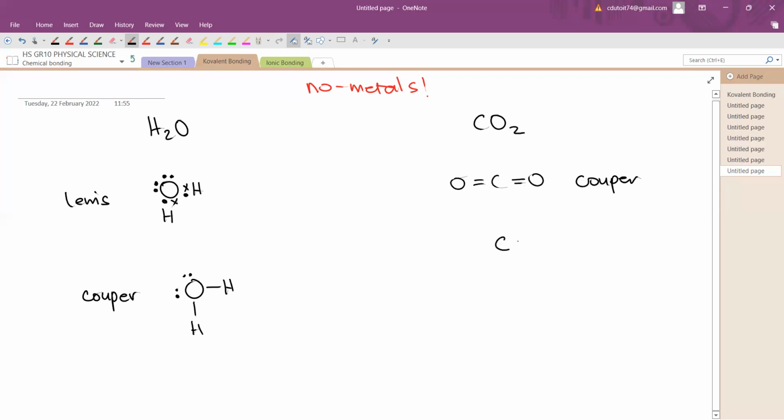And the Lewis diagram will look like this. Oxygen. And then there are 2 electrons here. That's Lewis.